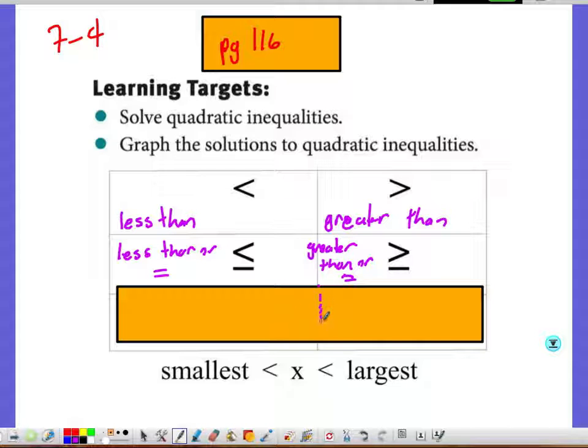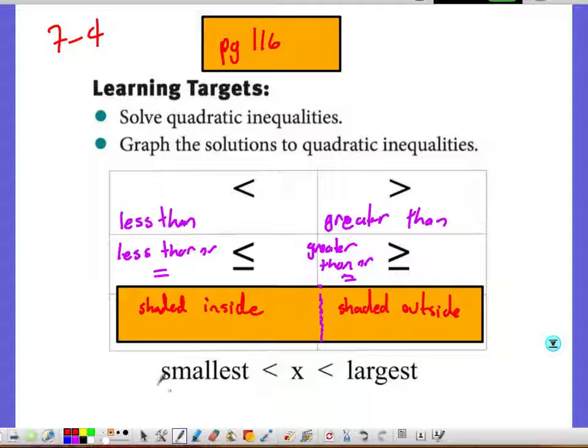Now, when we start graphing the solutions, generally when we have less than or equal to, our solutions are going to be shaded on the inside, and then when we have greater than or equal to, it's going to be shaded on the outside.